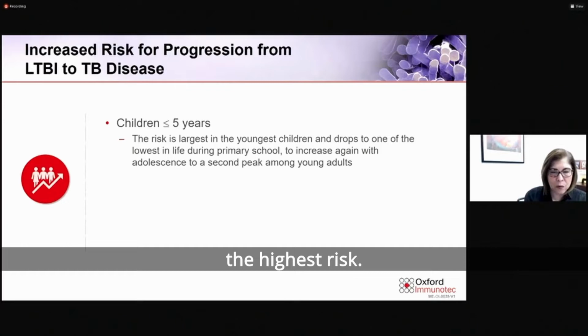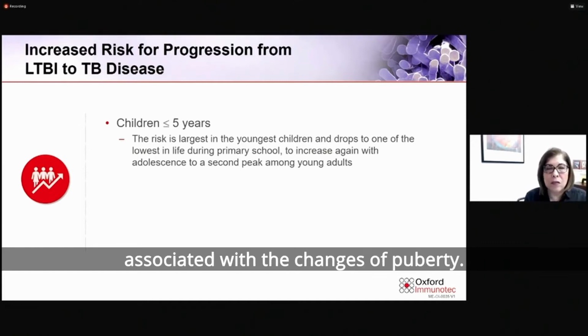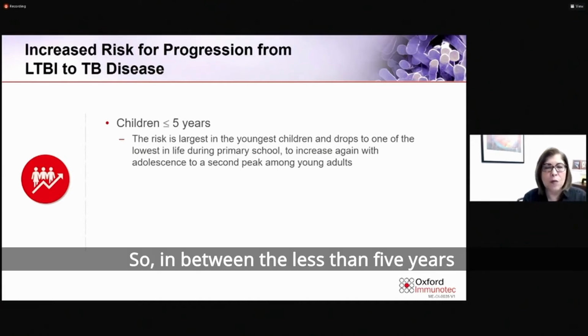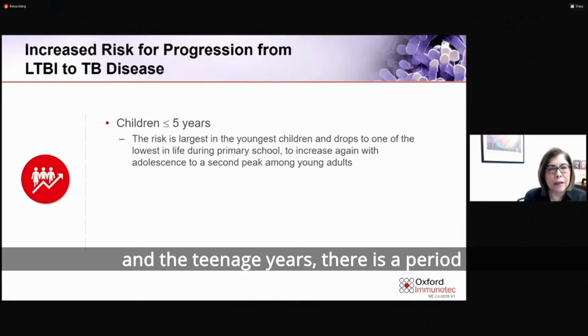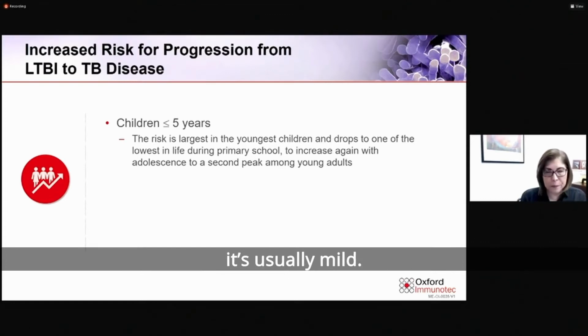We also see an increased risk in teenagers, and this has been thought to be associated with the changes of puberty. So in between the less than 5 years and the teenagers, there is a period of time during primary school where kids don't get a lot of TB, and even if they get TB disease, it's usually mild.